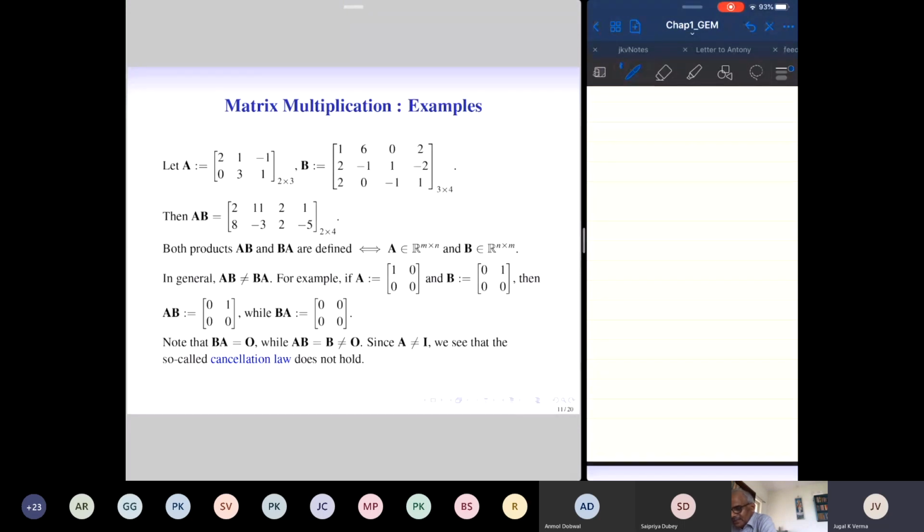So if I write AB equals B, you don't cancel B. Okay. We will see that sometimes you can cancel B. But in this case, if you cancel B, you will get a contradiction that A is the identity matrix, which is not the case. Okay. So be careful. The cancellation law doesn't hold in the matrix multiplication operation.